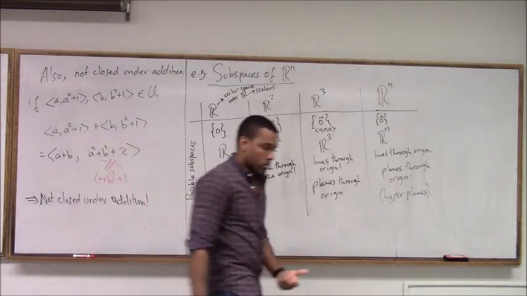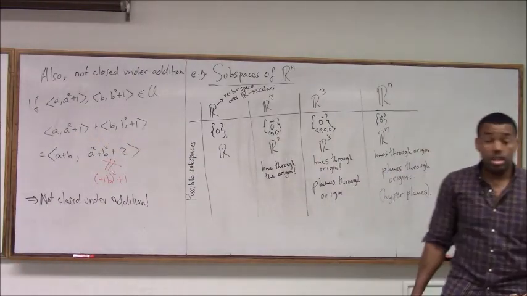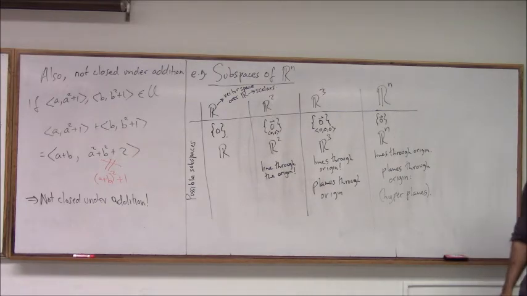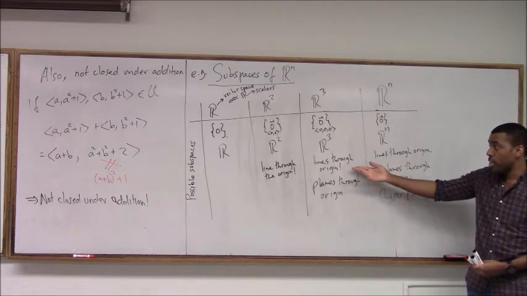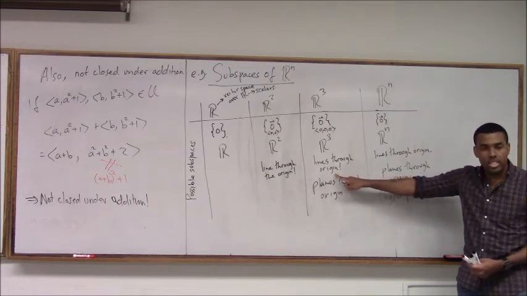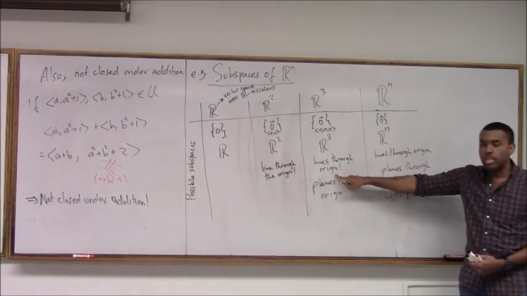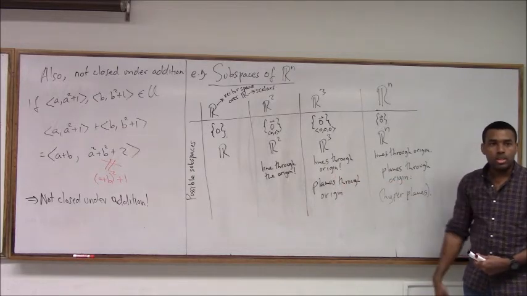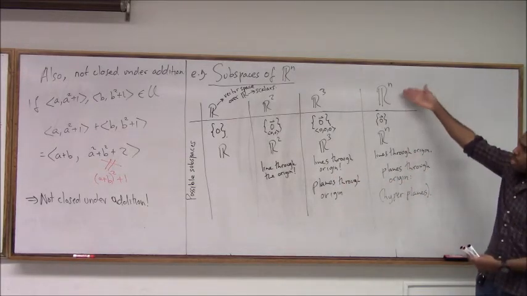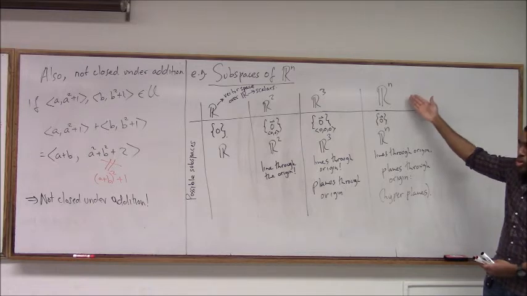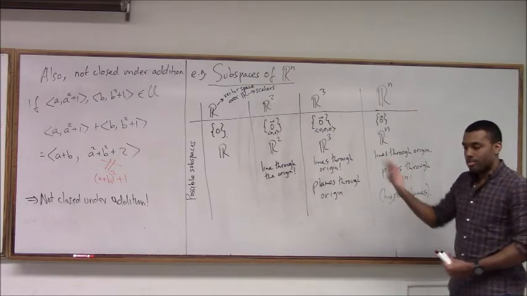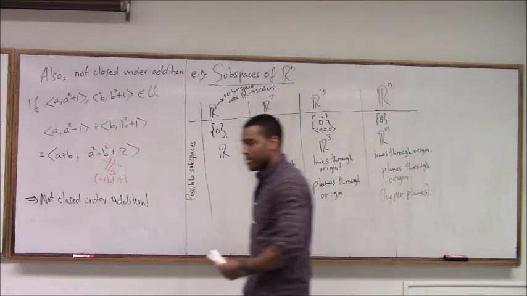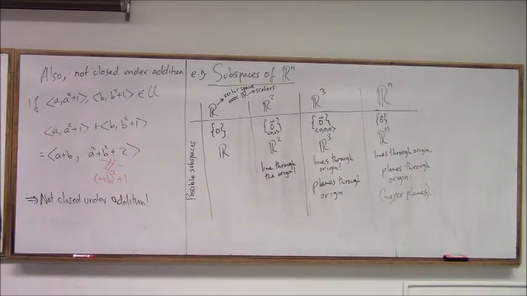There wouldn't be any closure for addition, and there will be none for scalar multiplication either. So we have to be linear in order to maintain the vector space property, and moreover, we have to contain the 0 vector. So it forces us to be linear and pass through the origin. All n-dimensional linear things that pass through the origin in Rn will be the vector spaces.